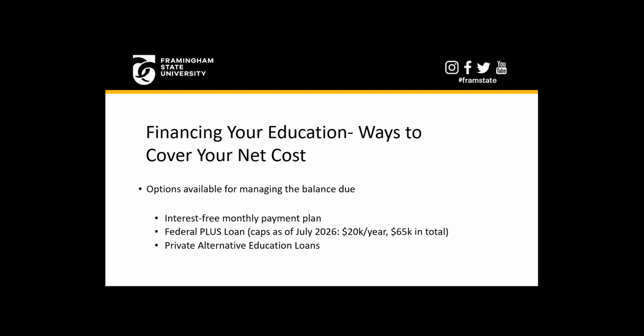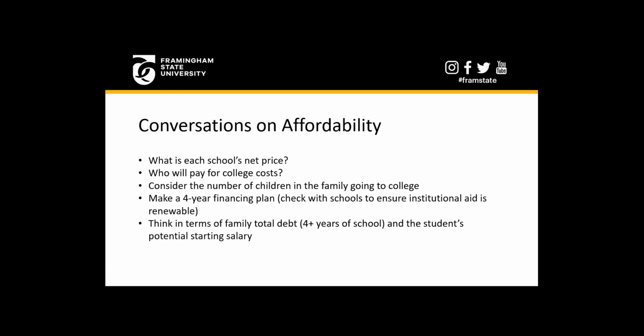But again, you would have to do your own research on the different lenders, interest rates, and loan options to really figure out what would be best for your family situation.